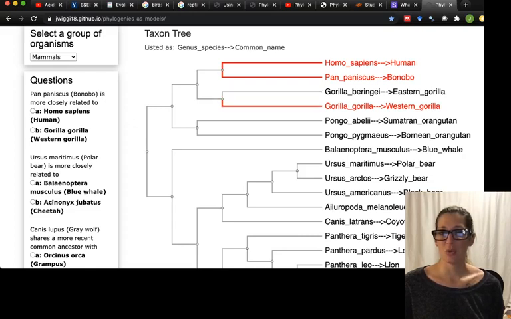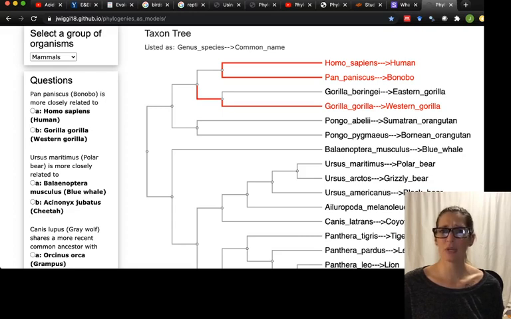To get to gorilla's most recent common ancestor with Pan paniscus, we have to go back a whole other lineage.